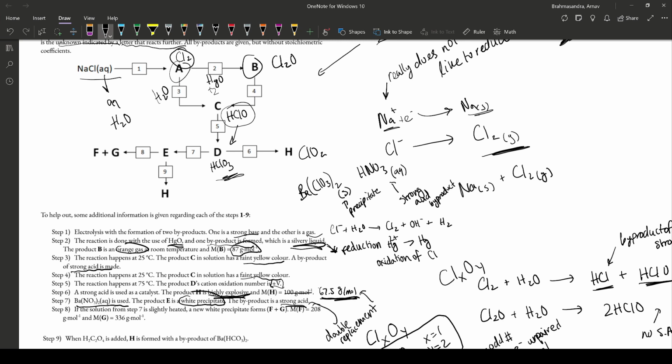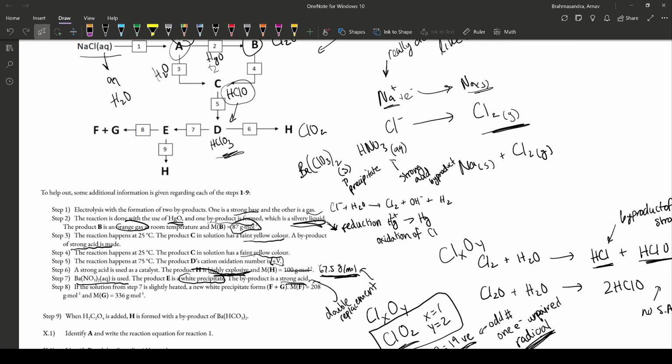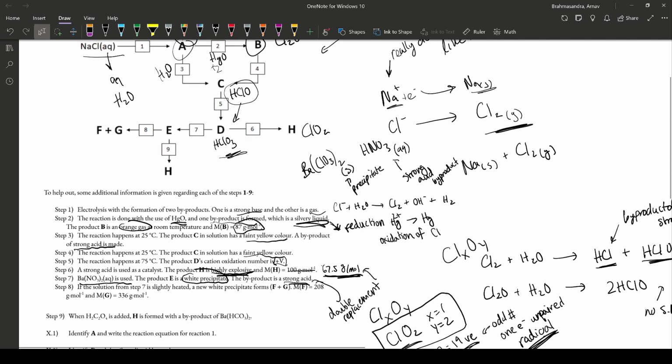And you might have known that Ba(ClO3)2 is a white precipitate. You might not have known that, but either way, it's not difficult to figure out because this is just a normal double replacement reaction. So at the end of the day, we have E being Ba(ClO3)2, right?